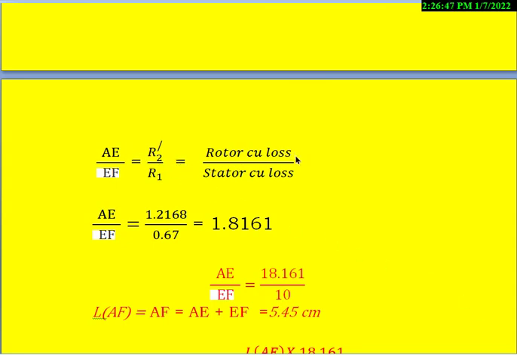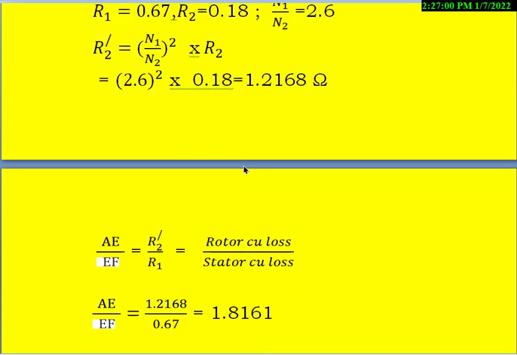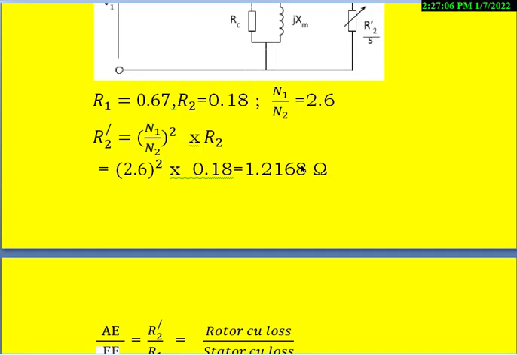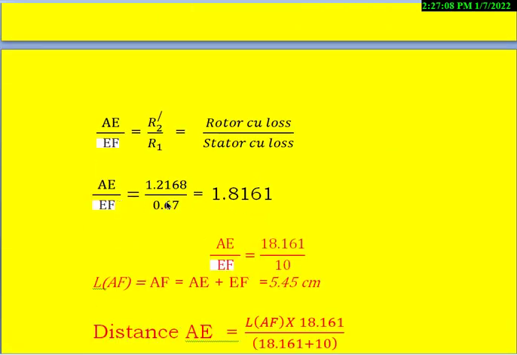Now we can find the ratio of the rotor copper loss to the stator copper loss. Because the equivalent circuit is referred to the stator side, the same current will flow through R2 dash and R1, neglecting I0 under full load conditions.